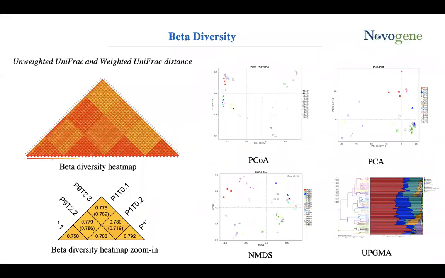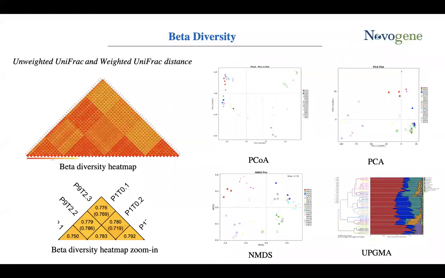And beta diversity represents the explicit comparison of microbial communities based on their composition. To compare microbial communities between each pair of community samples, a square matrix of distance, or we call it dissimilarity, was calculated to reflect this dissimilarity between the certain samples.